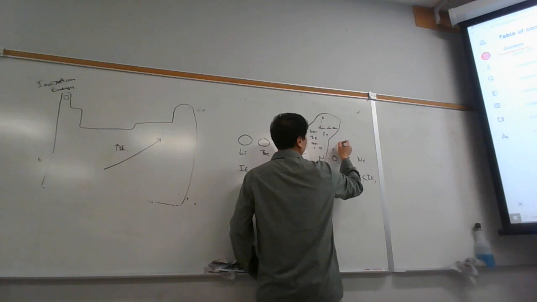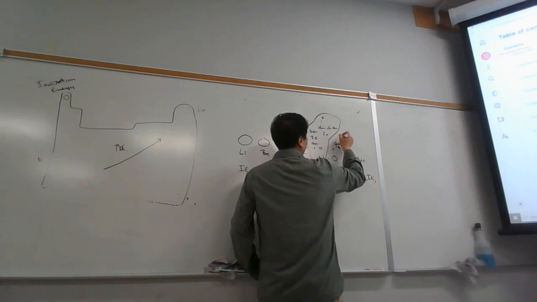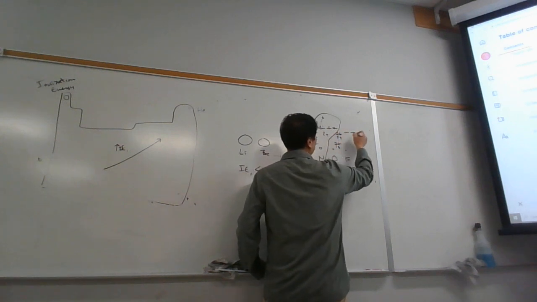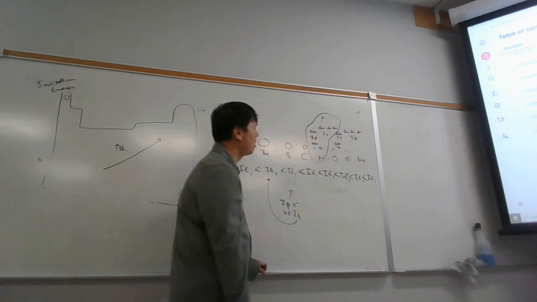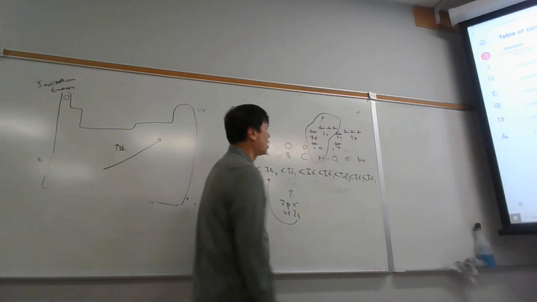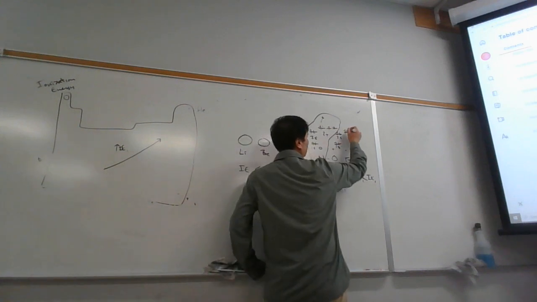How so? We're going to have one extra 2p. And where does that one extra 2p go? Into one of these three. We'll just pick the first one.